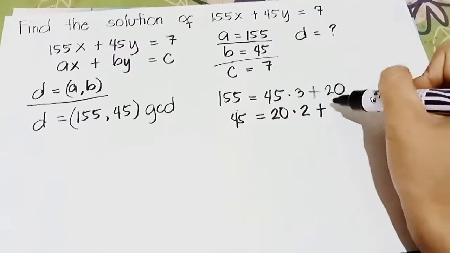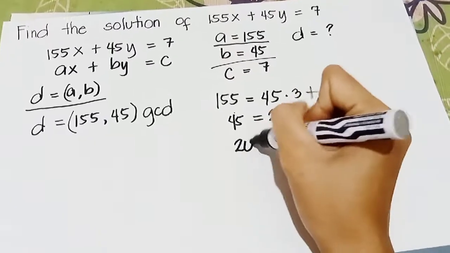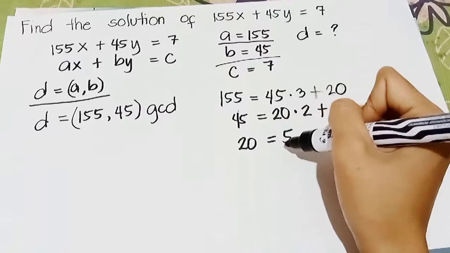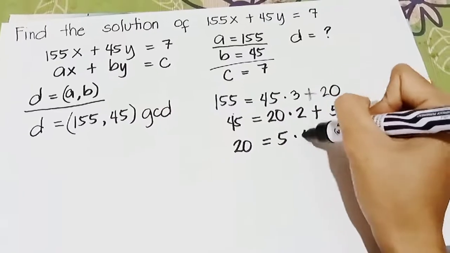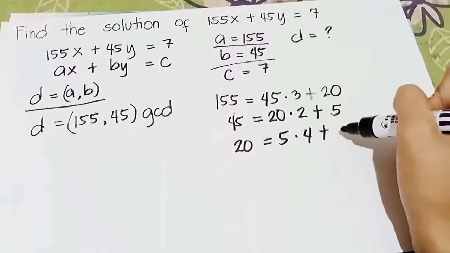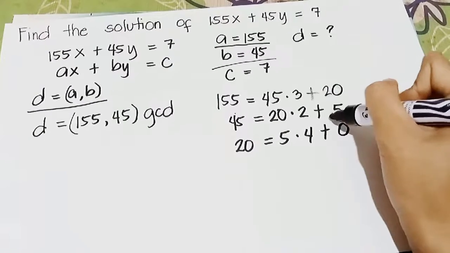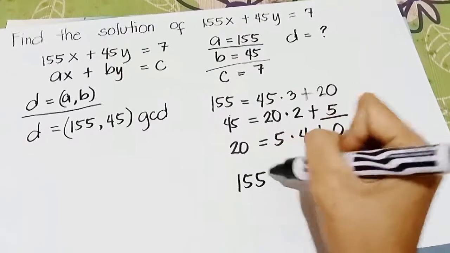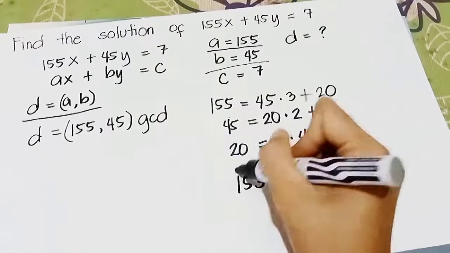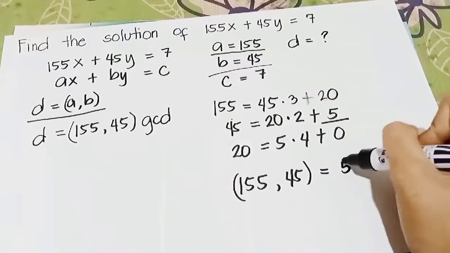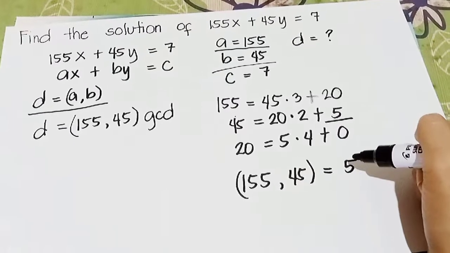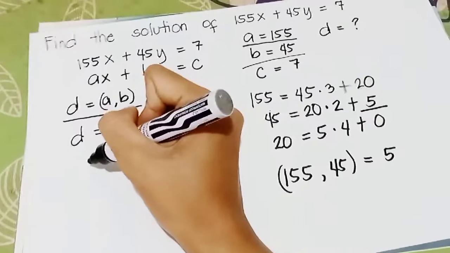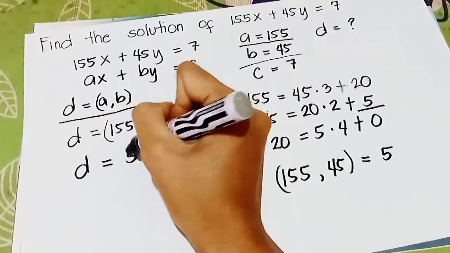45 minus 40 is 5. So 20 divided by 5 is 4, plus a remainder of 0. So we don't have a remainder here, so the GCD is 5. So the greatest common divisor of 155 and 45 is 5, and the value of d here is 5.